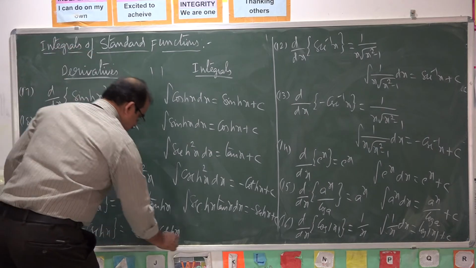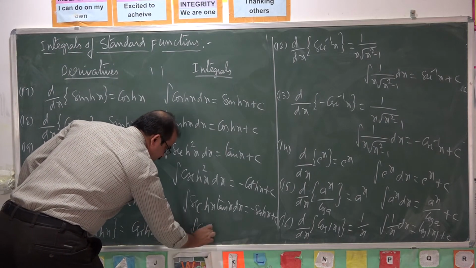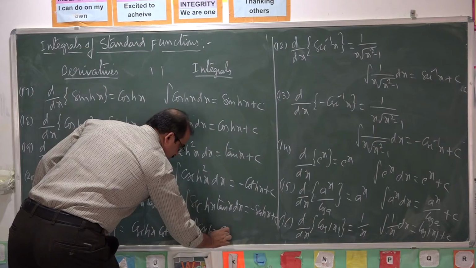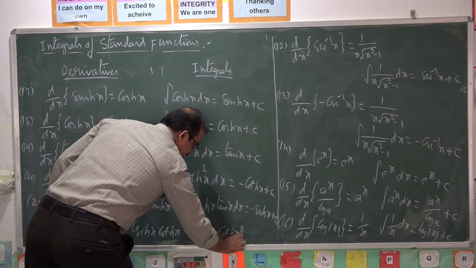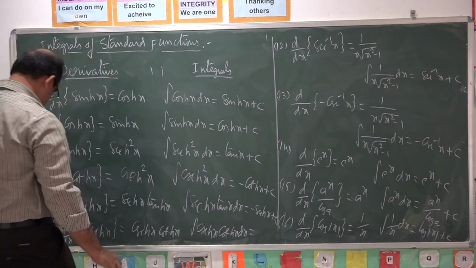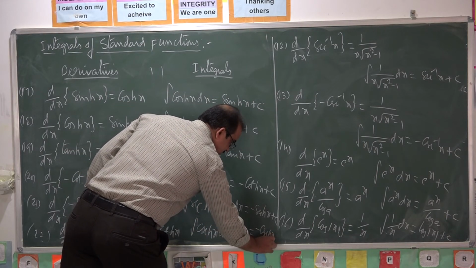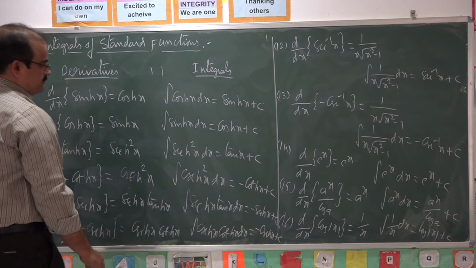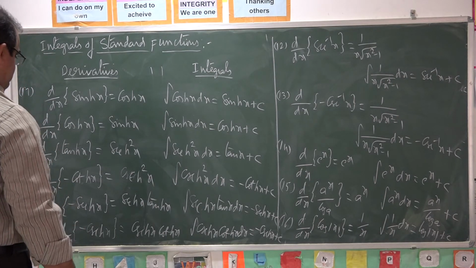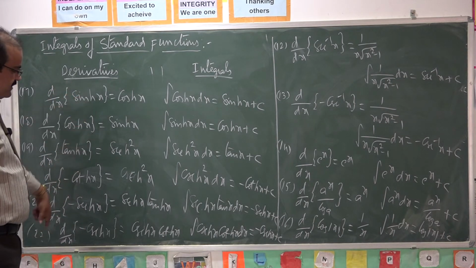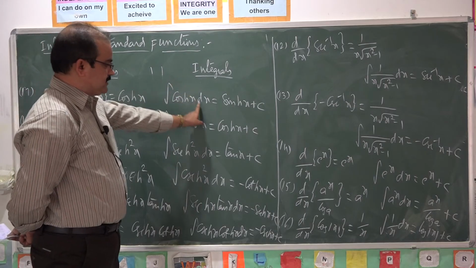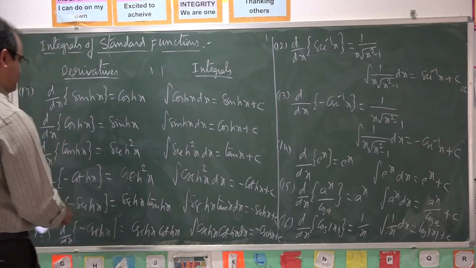So integral of cosecant hx into cot hx dx is equal to minus cosecant hx plus c. These are the derivatives of hyperbolic functions. These are the integrals of hyperbolic functions.